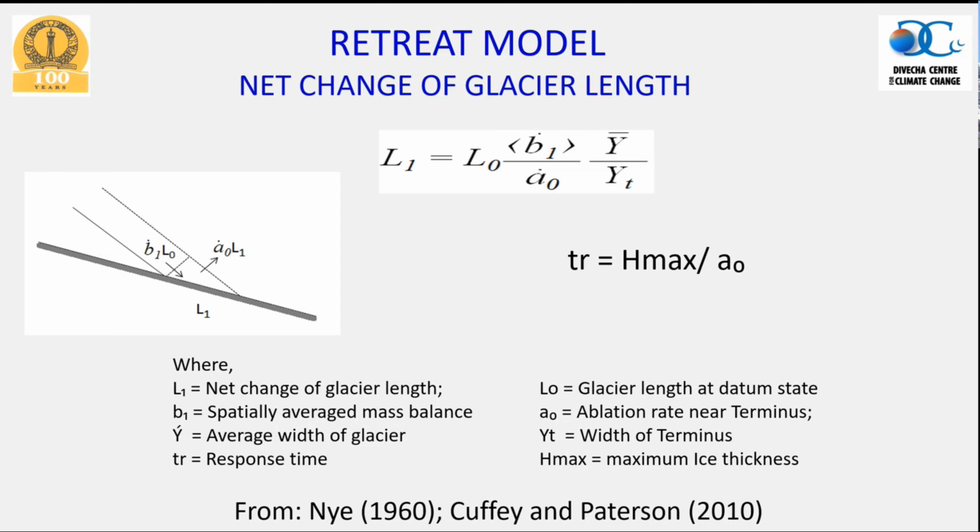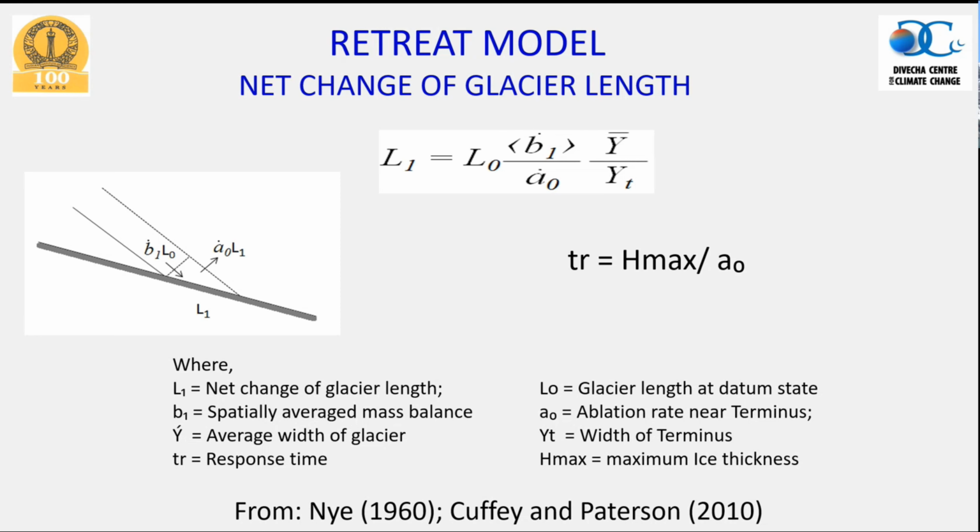Then another crucial parameter is A0, the ablation rate of the terminus. You should know how much is the melt rate of the glacier at the terminus. You can have a mass balance at different altitudes or an average mass balance for the entire glacier, but you need to know what the melt at the terminus is. And this change in glacier terminus will take place with a time, which is TR, the response time.